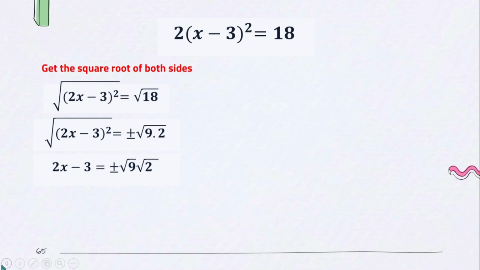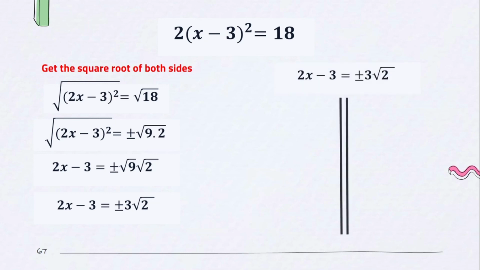Since again, 9 is a perfect square, we will now have x minus 3 is equal to the positive or negative 3 times the square root of 2. Since it may be positive or negative, it means we have two equations here. So we will have x minus 3 is equal to 3 square root of 2.